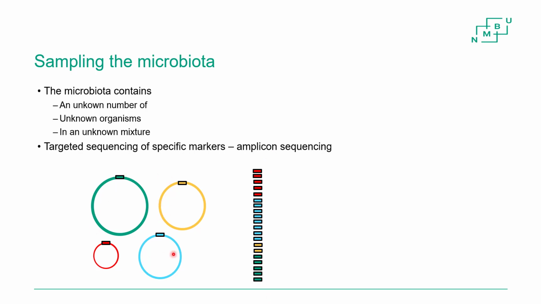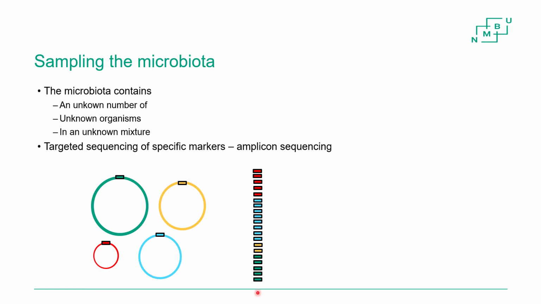And of course, in the mixture that we sequence, we don't know how many there are of each genome. There can be many green or few yellow or many red. This is sort of like you have a bowl, right, with small balls in it of different colors, and you don't know how many you have of each color, but you sample.